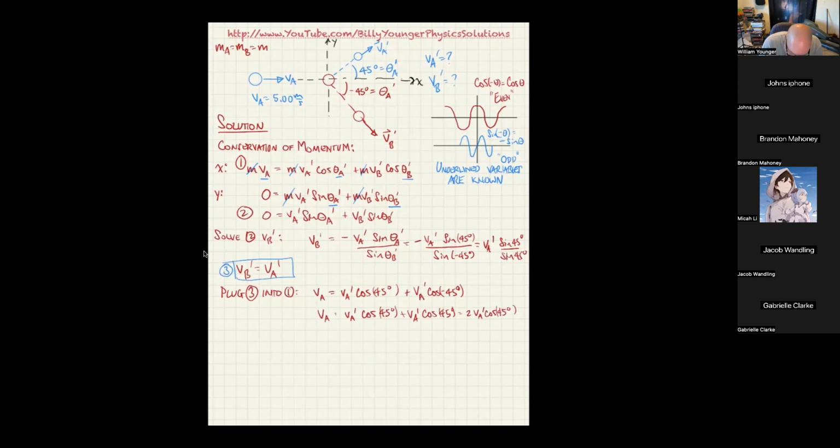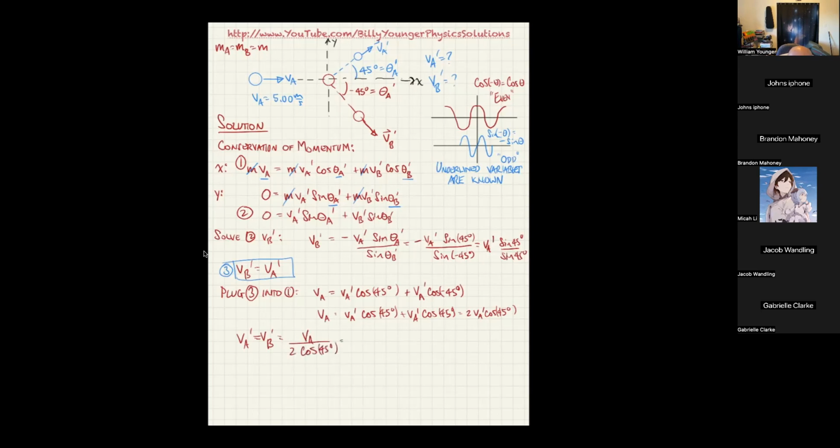So ultimately, I can say that VA prime, which equals VB prime, is equal to VA over 2 times the cosine 45 degrees.